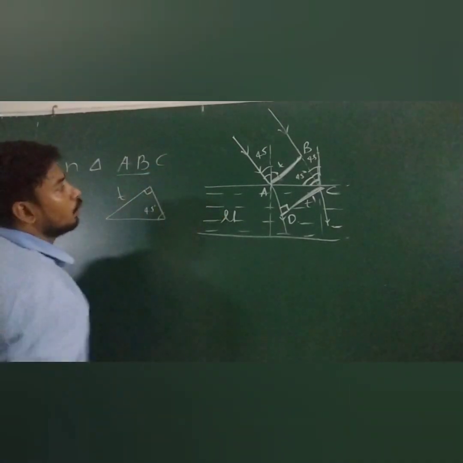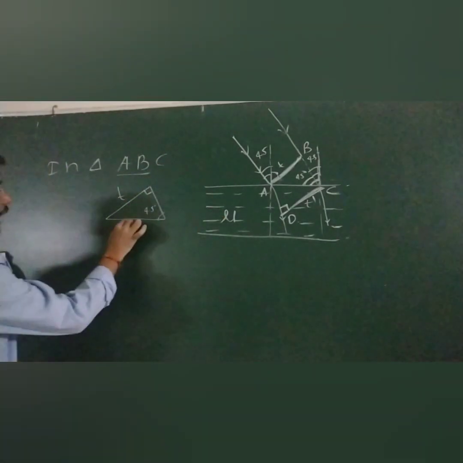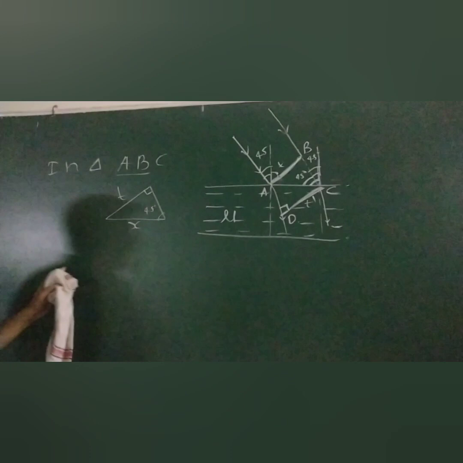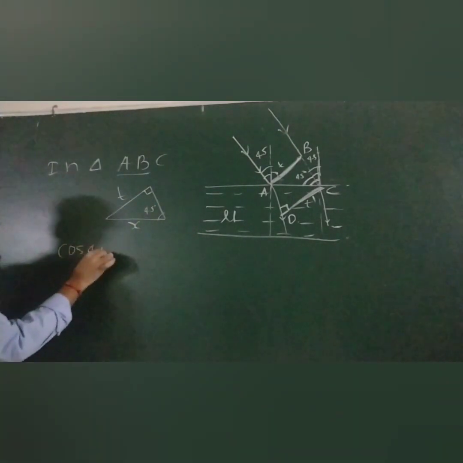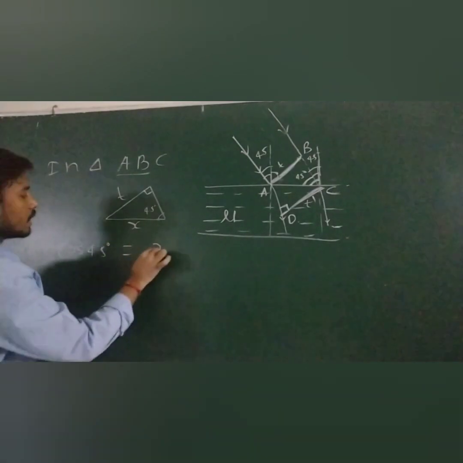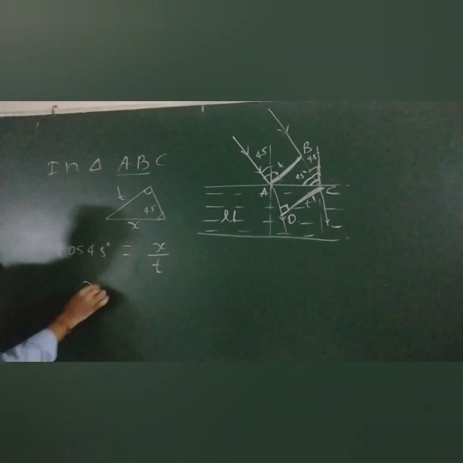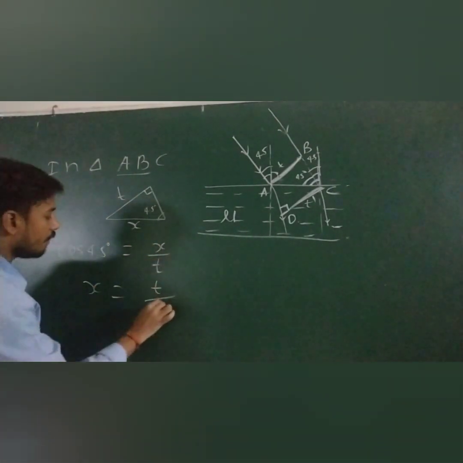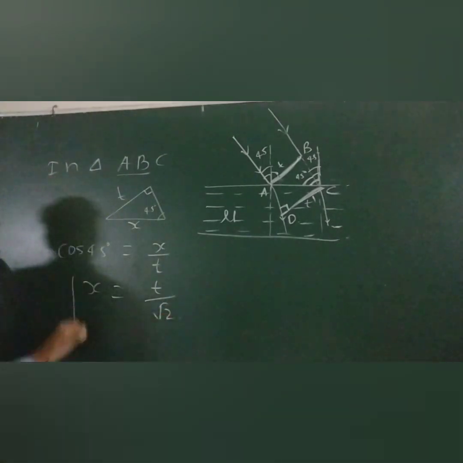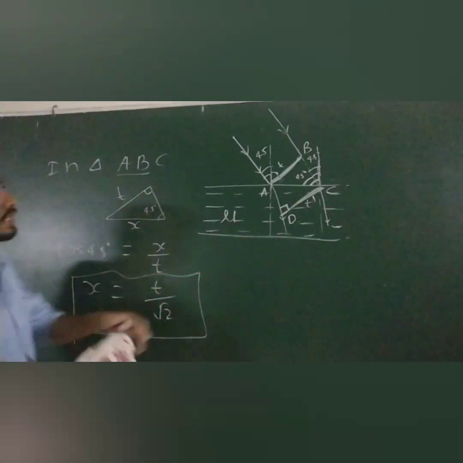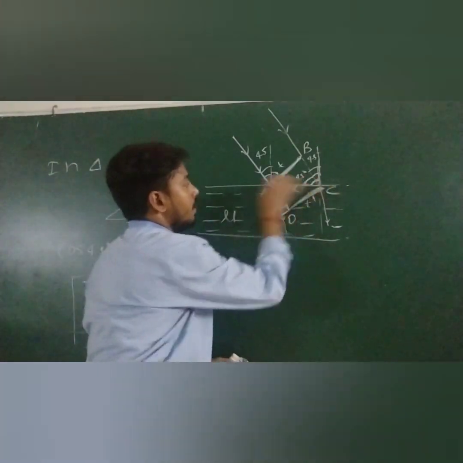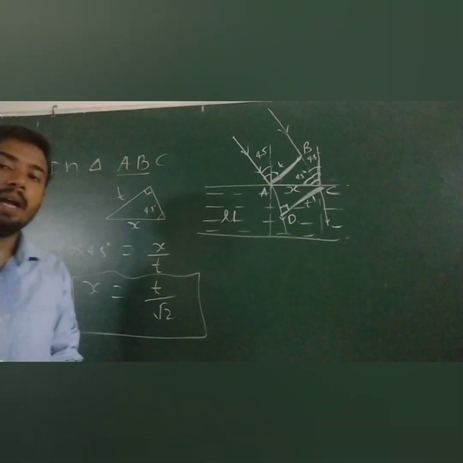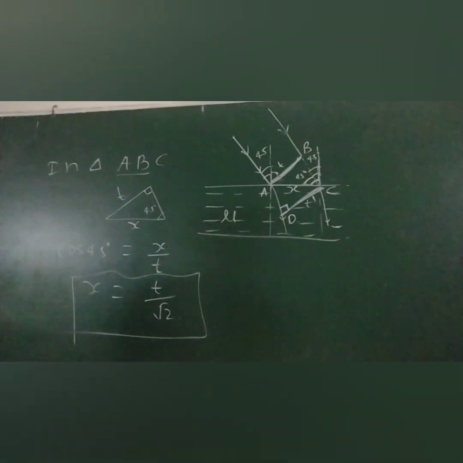This is a perpendicular. I assume this is X. According to cos 45 equals X by T, so X is equal to T by root 2. So this AB is equal to T by root 2.